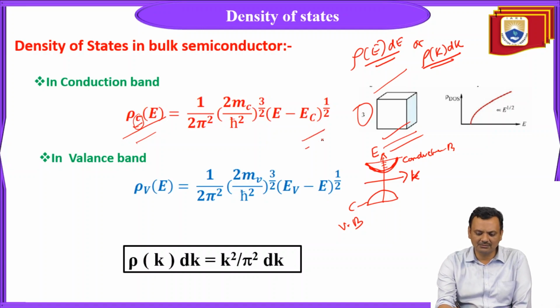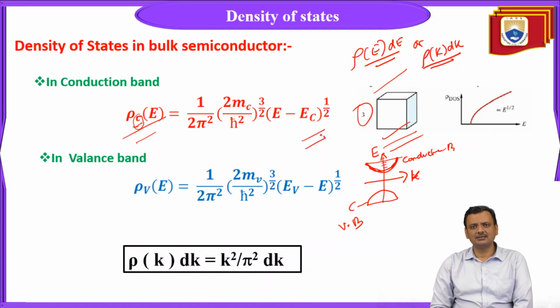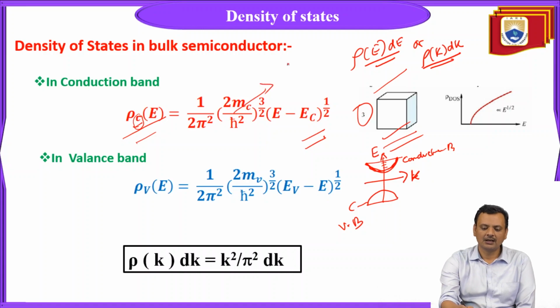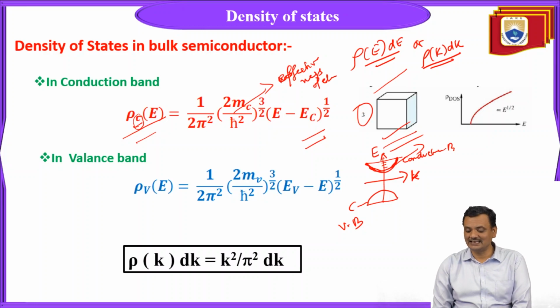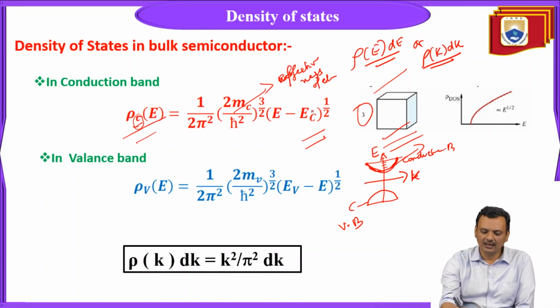We already derived this expression: 1 upon 2 pi square multiplied by 2 mc upon h cross square whole to the power 3 by 2, times E minus EC, where mc is the effective mass of the electron in the conduction band.